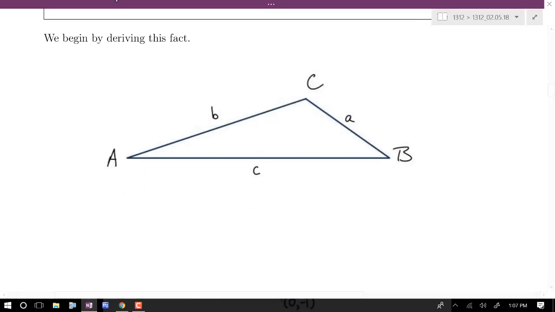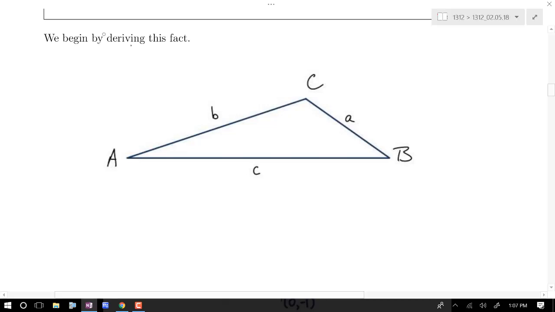We begin by drawing a perpendicular down from this point at the top. We'll call this h, for the height of the triangle. This is a right angle because it's a perpendicular by design. Now we use SOHCAHTOA over here for angle A, and SOHCAHTOA tells us that sine of A is opposite over hypotenuse in this case.